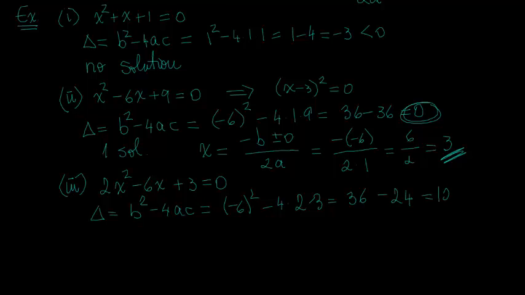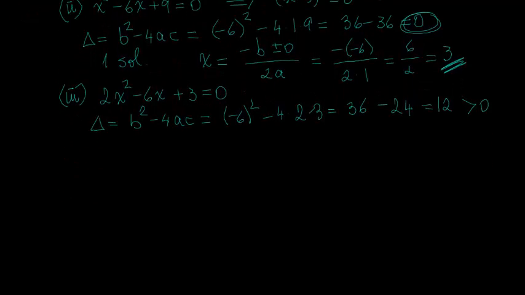So my discriminant is 12, which is positive. Since my discriminant is positive, then I'm going to have exactly two solutions, and I can write down what these solutions are. So x1,2 is going to be, let's write down the formula, minus b plus or minus square root of delta over 2a.